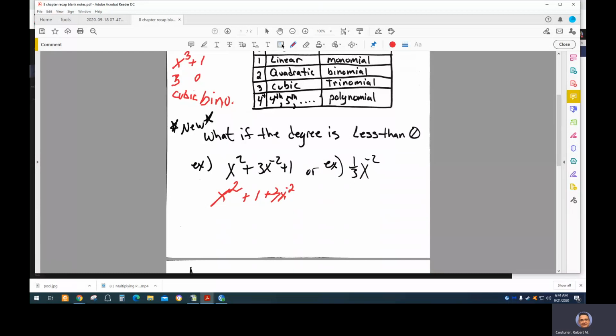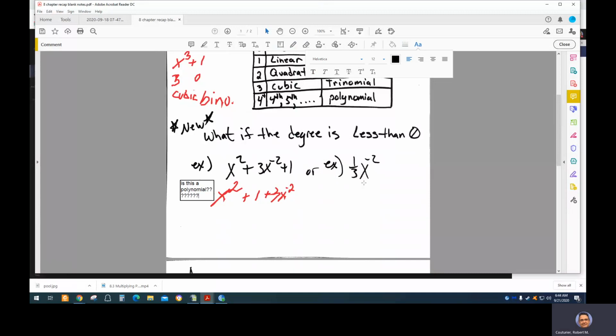That's a great question to ask. Maybe you'll be asked this on a test or a homework sometime. Is this a polynomial? What do we think?